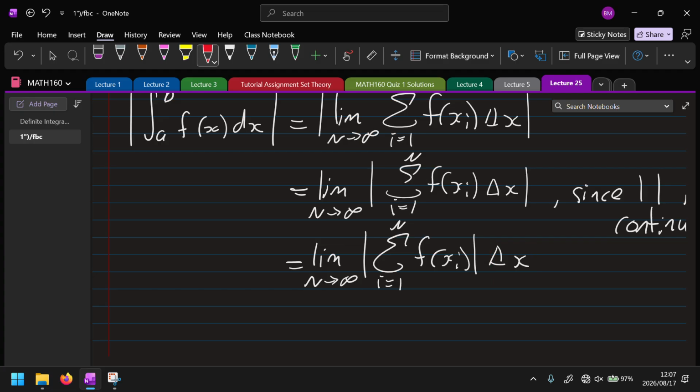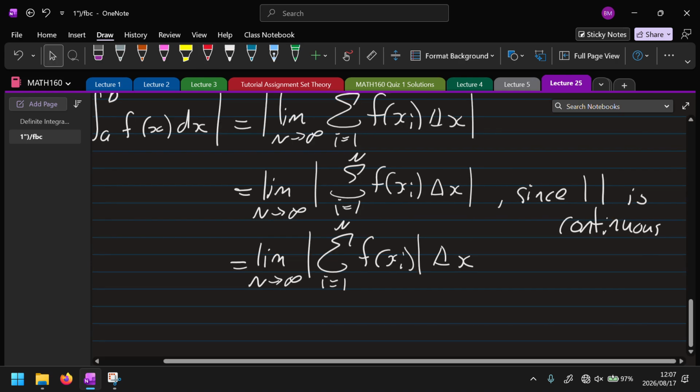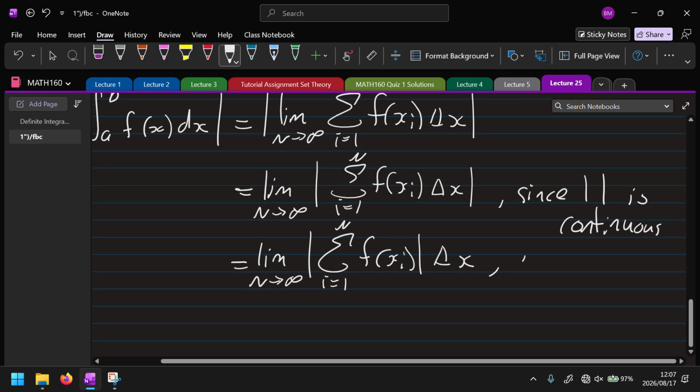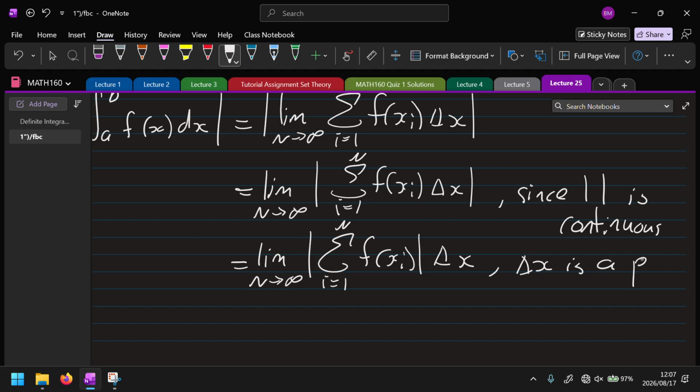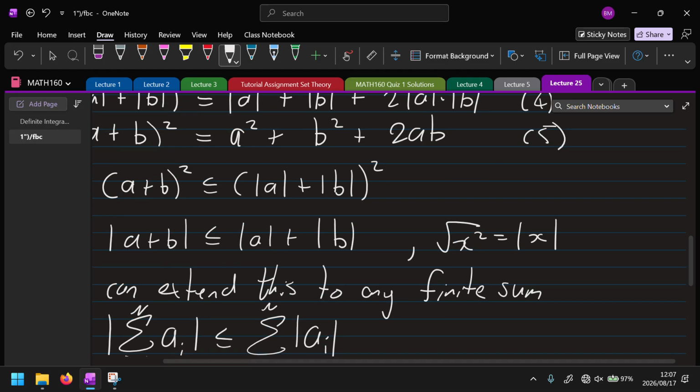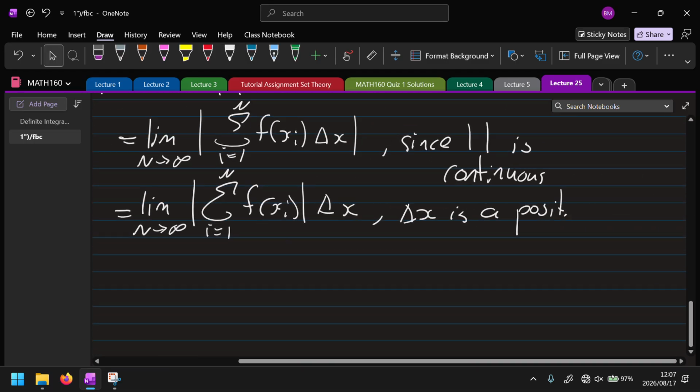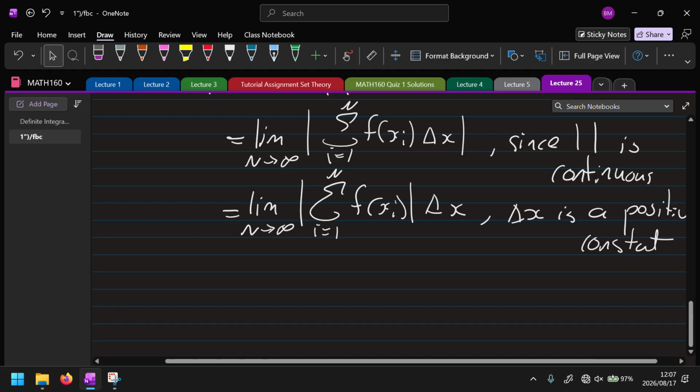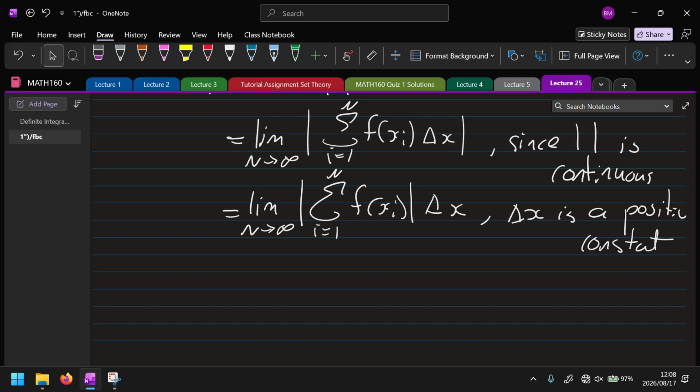We can just write it like that. So reason, absolute value of delta x is a positive constant. We need those two properties. It must be positive and it must be a constant so that we can just take it out like that.